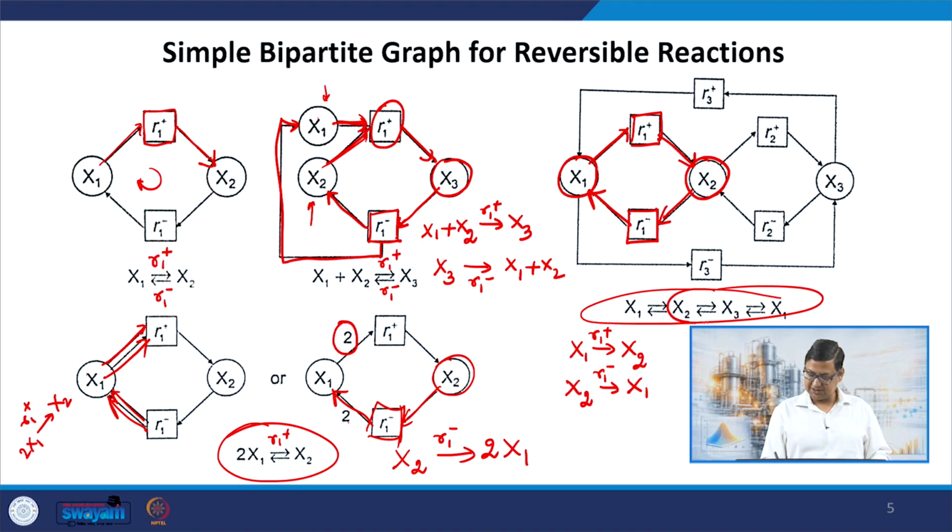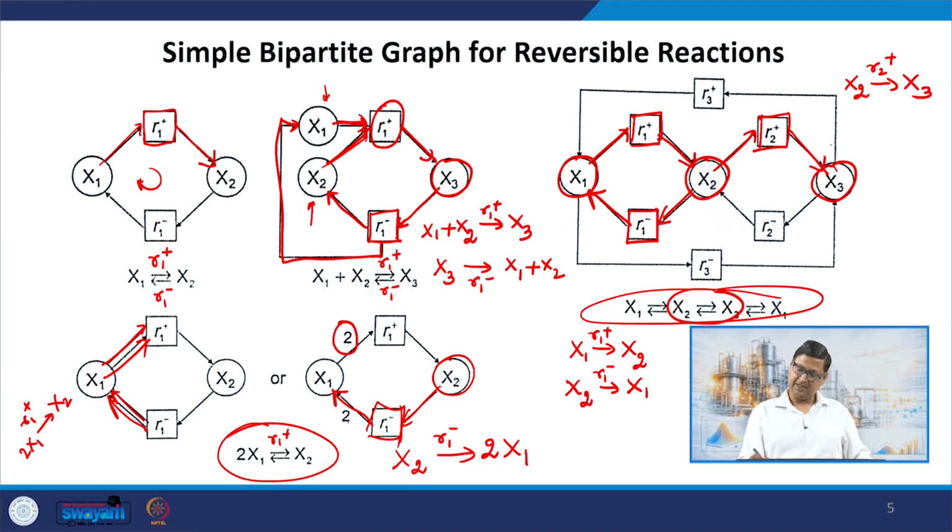The second reaction is x2 to x3. The forward reaction for the second reaction is x2 to x3, R2 plus, and that is represented here. And the reverse is x3 to x2 with R2 minus, that is right here.